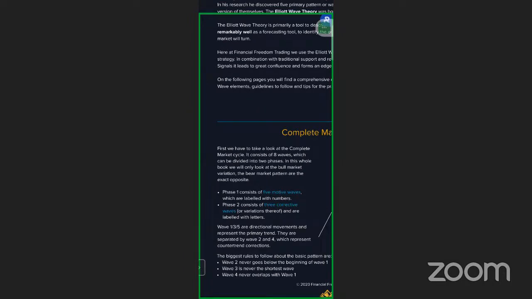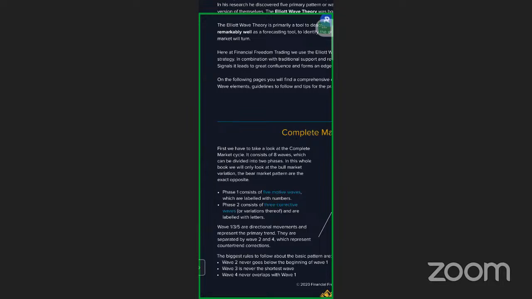The complete cycle consists of 8 waves, which can be divided into 2 phases. In this whole book, we will look at the bull market variation, and the bear market is the exact opposite.